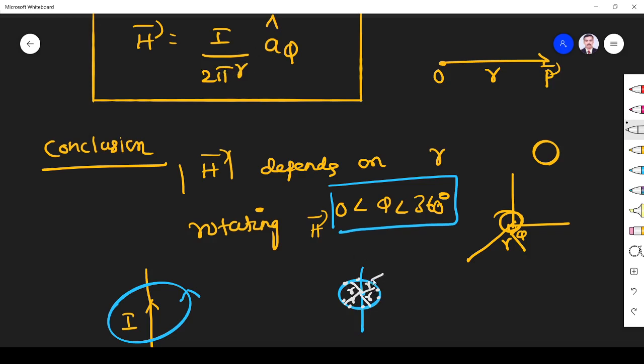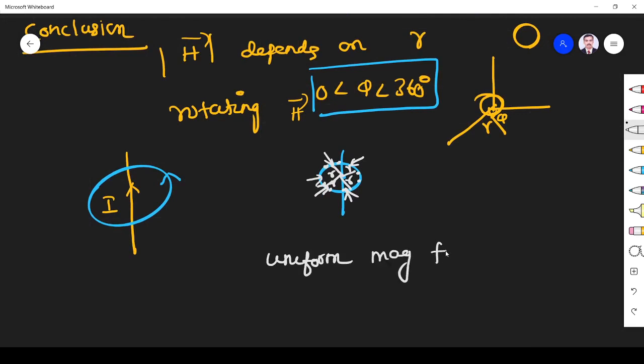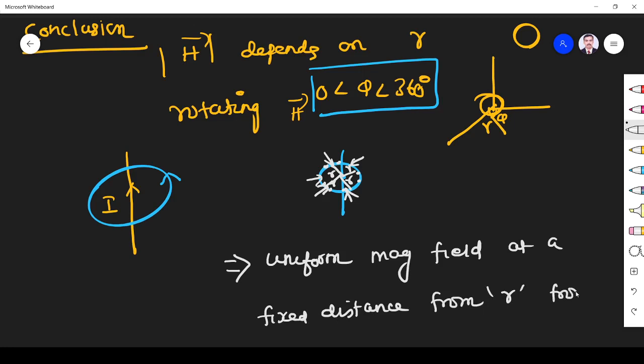So if you find the magnetic field here, here, and here, all will have the same magnetic field. So it produces a uniform magnetic field. When current flows through a conductor, it produces a uniform magnetic field at a fixed distance R from the wire or conductor.